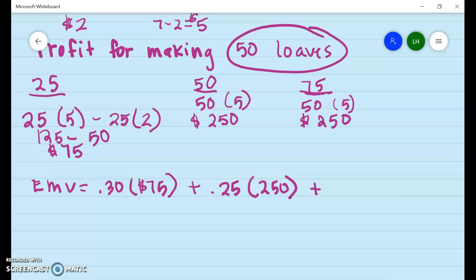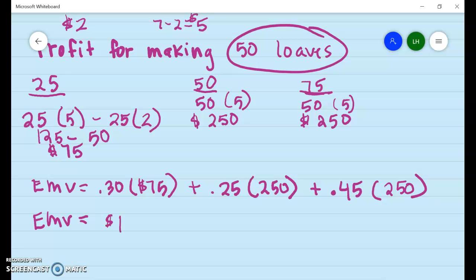And the probability of the demand being 75 is a 45% chance, and the profit of selling 50 when the demand is 75 is $250. So when you put that in your calculator, you will get 125.